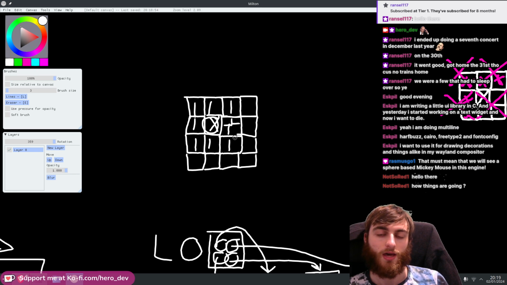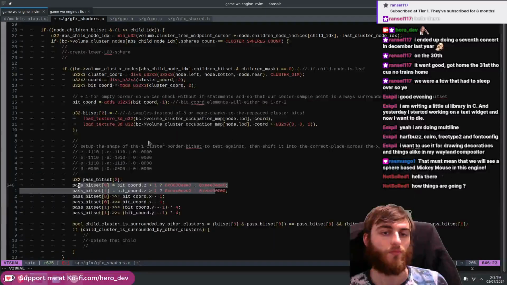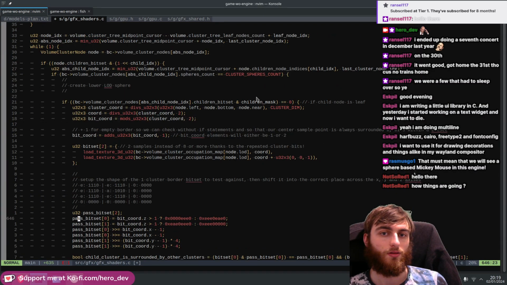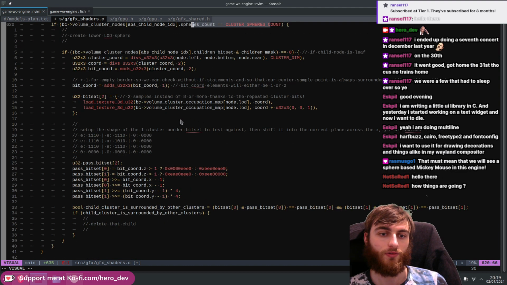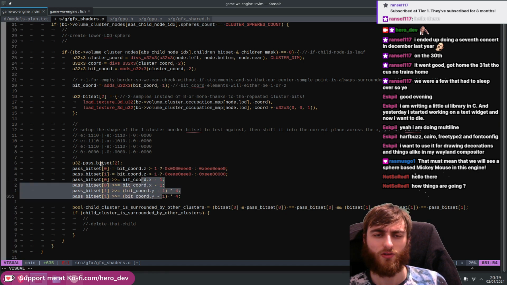Providing that this is true, and we have a full set of spheres ourselves, then we do some shifting here for the x and y coordinate.